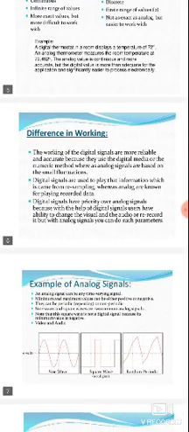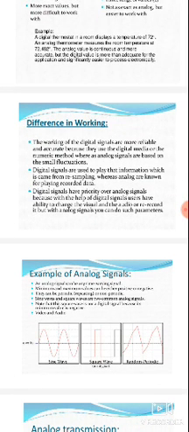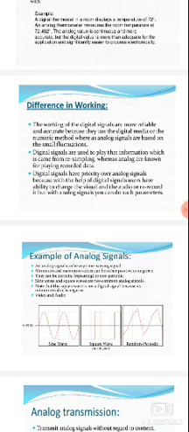The difference in working is that digital signals are more reliable and accurate because they use a numeric method, whereas analog signals are based on small fluctuations. Digital signals use only zeros and ones.